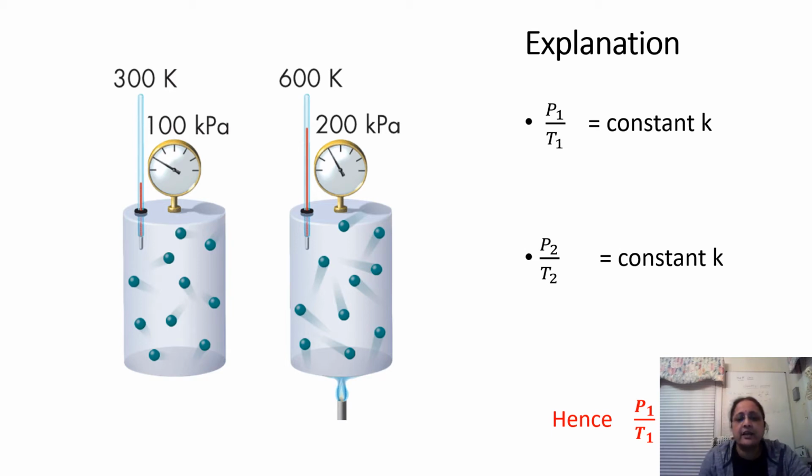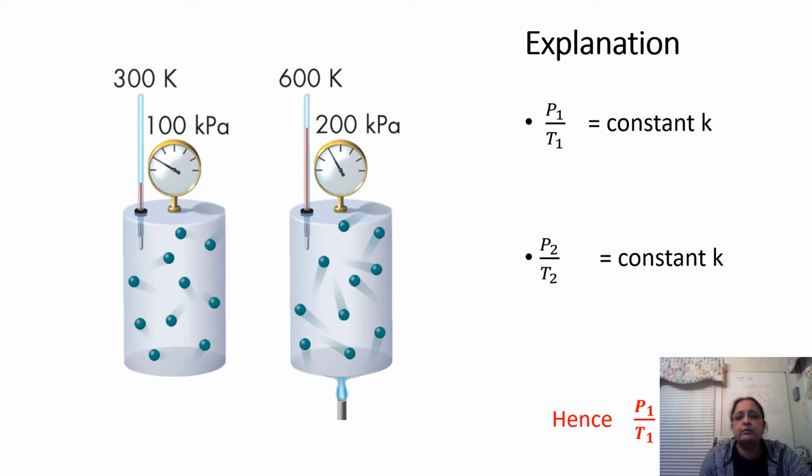The reason is that as we increase the temperature, the gas particles move much faster and collide with each other and with the wall of the container with greater speed. Hence, the pressure inside will be much greater compared to the initial pressure.